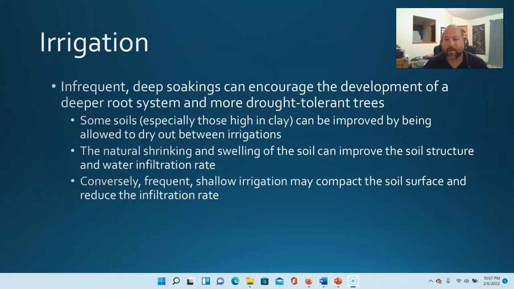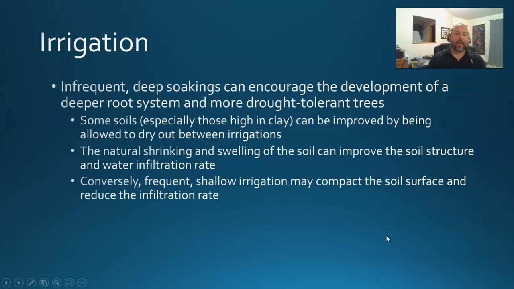Slide back up here. Boom. Infrequent deep soakings can encourage the development of a deeper root system and more drought-tolerant trees, if that's something that you're looking for, if you're trying to create similar conditions. Some soils, especially ones high in clay, can be improved by being allowed to dry out between irrigations.